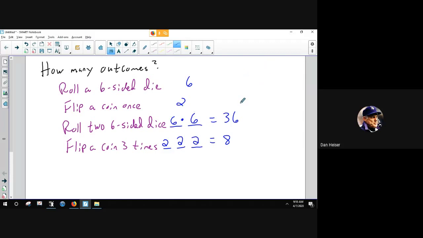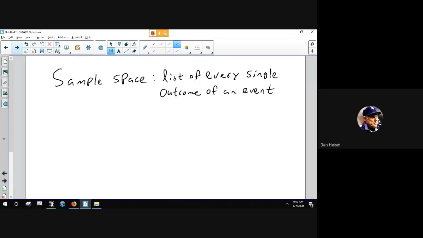All 36 pairs of numbers. That's a big sample space. It does not pay for us to write that out every single time. That's where the slots come in handy, so we can at least picture the sample space without having to write out every single object, every single pair.